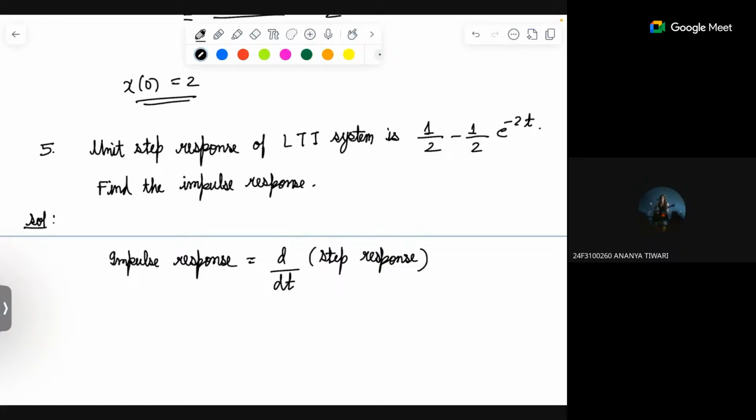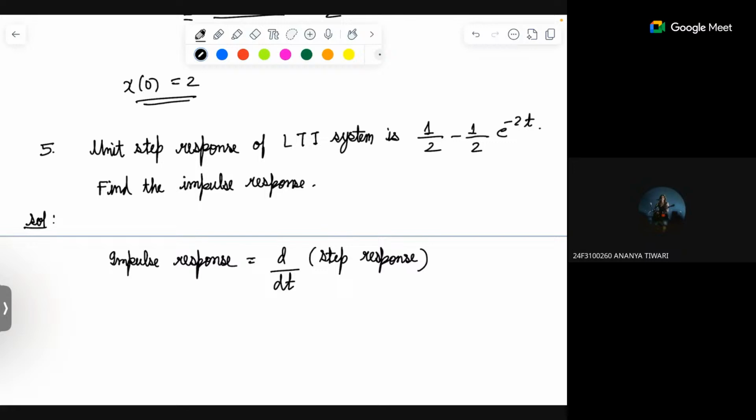Alright, now I will start solving. In the question, unit step response of an LTI system is given. Unit step response means when I apply a unit step signal to the input, the output that I get is called unit step response.